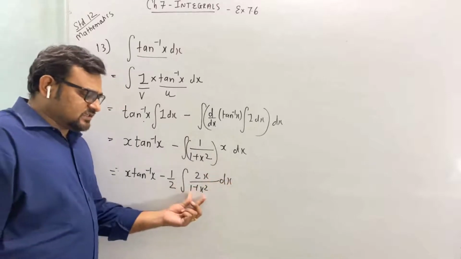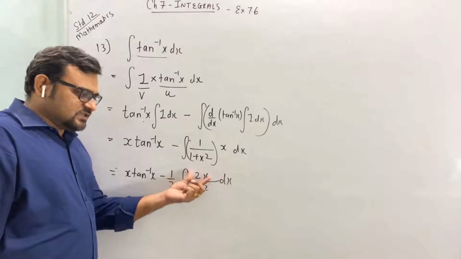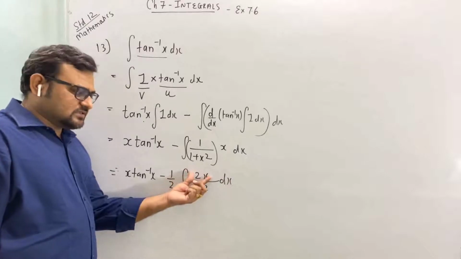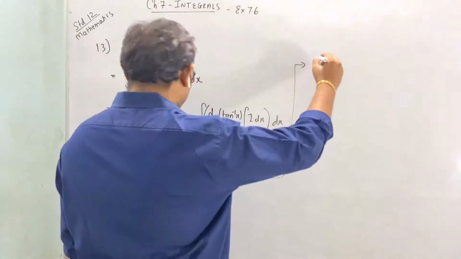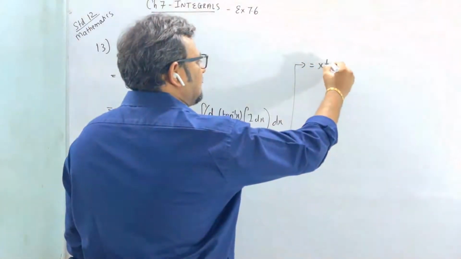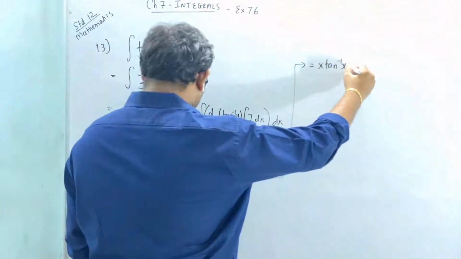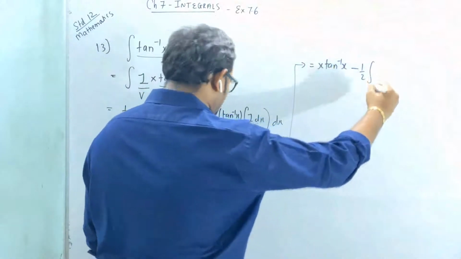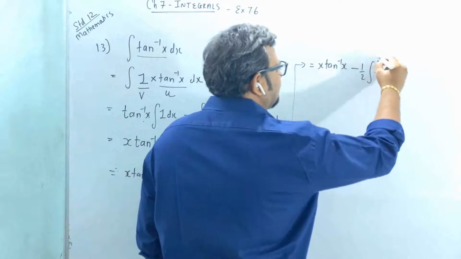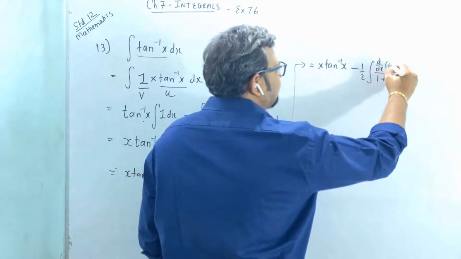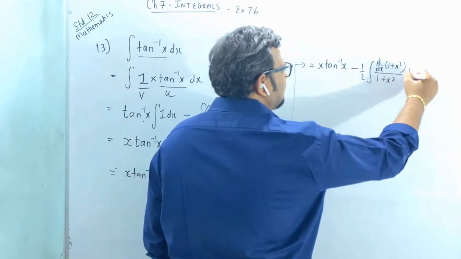See, this is f x, this is f dash x, right? So I can write this in this way: x tan inverse x minus 1 by 2 integral of d by dx of 1 plus x square over 1 plus x square dx.